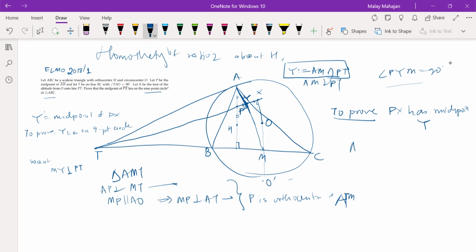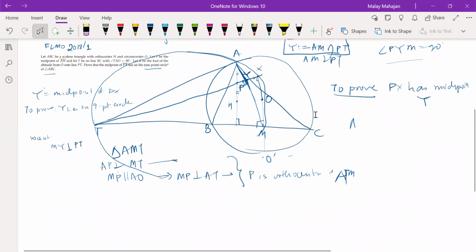In triangle AMT, P is the orthocenter, Y is the foot, and ATXOM is cyclic because it's the circle with diameter OT. Every angle is 90, so X is the altitude cap the circumcircle. So Y is indeed the midpoint of PX. Is the proof clear to everyone? Yeah. Cool.